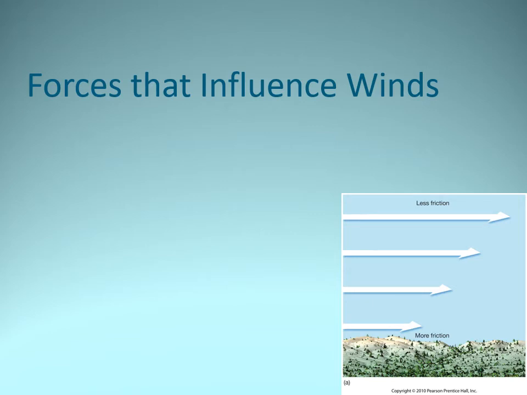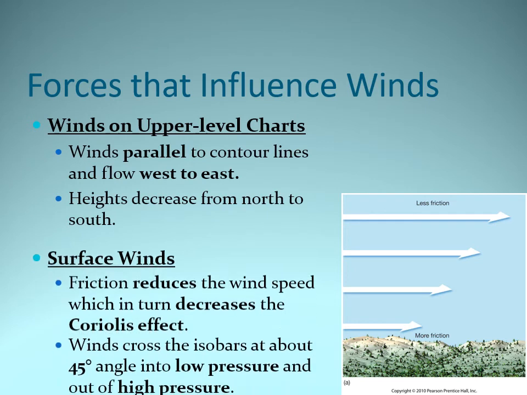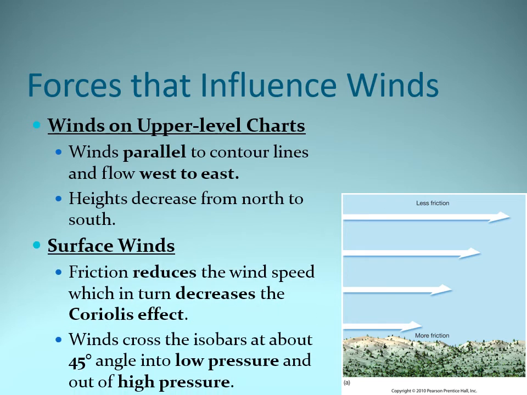Okay, so we talked about pressure gradient force and Coriolis. There's one more force we have to deal with. Again, there are other forces, but we're going to just talk about the three main ones. When we talk about wind at the surface, we have to add friction. So as a reminder, winds in the upper level atmosphere, I should say troposphere, are typically parallel, and in around North America or in any mid-latitude, they flow from west to east.